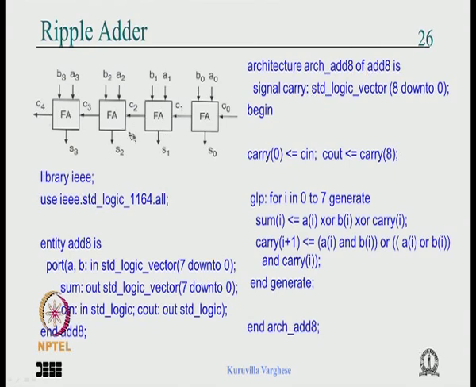Suppose this input is 1 and this stage is in propagate mode, this is in propagate mode, this is in propagate mode. You understand what it means. Then there is rippling, with a delay through the 2-level AND OR circuit at each stage.